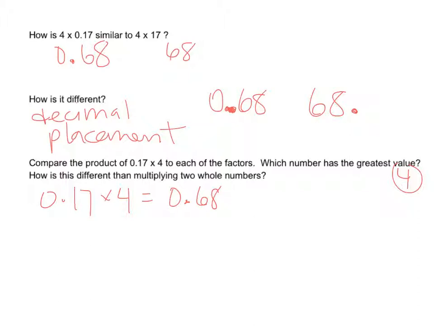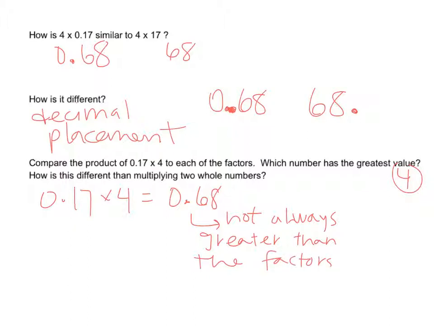So that's one way that is different when we're multiplying decimals, is that the product is not always going to be greater than both factors. I'm just going to jot that down. Not always greater than the factors.